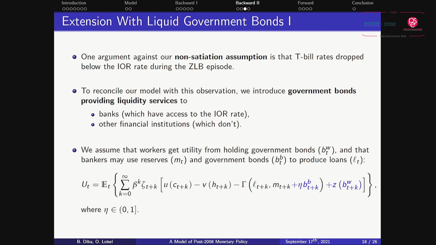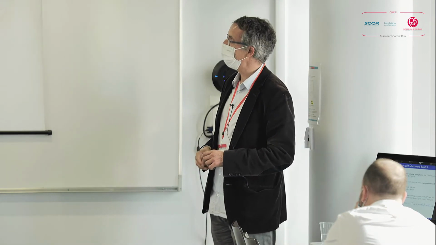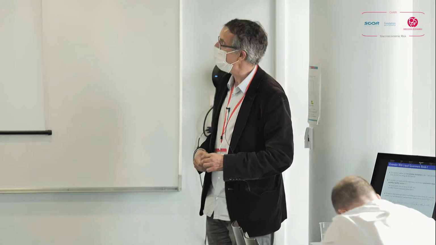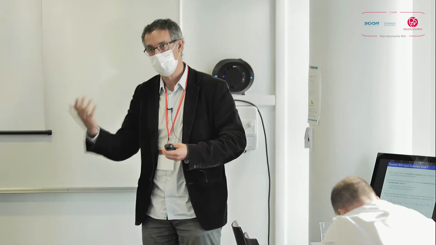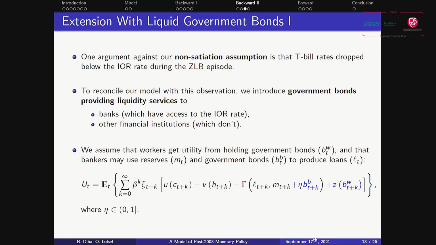Now, the second challenge faced by monetarist models is the fact that the T-bill rate was below the IOR rate during the ZLB episode, so that may suggest satiation of demand for reserves. To reconcile our model with this observation, we introduce government bonds that provide liquidity services into the model, to both banks and other financial institutions.